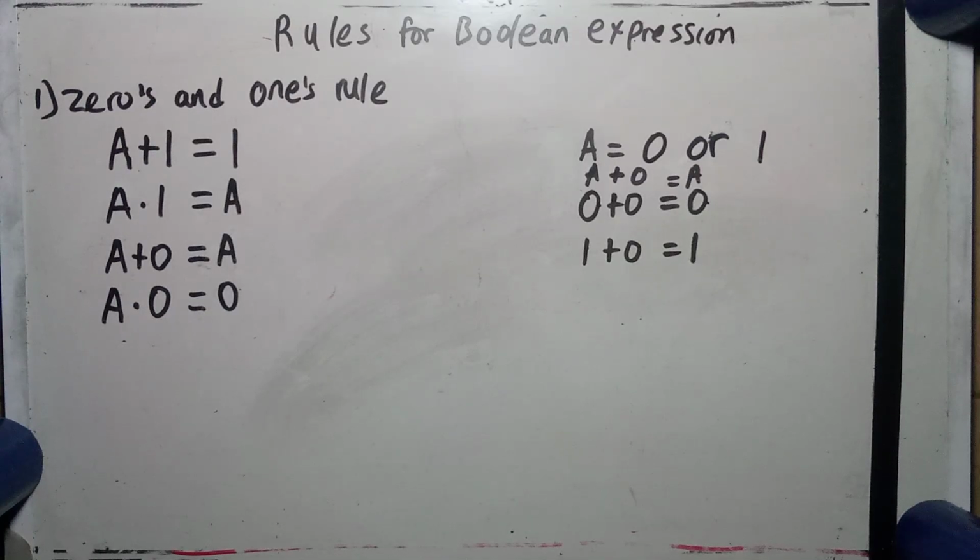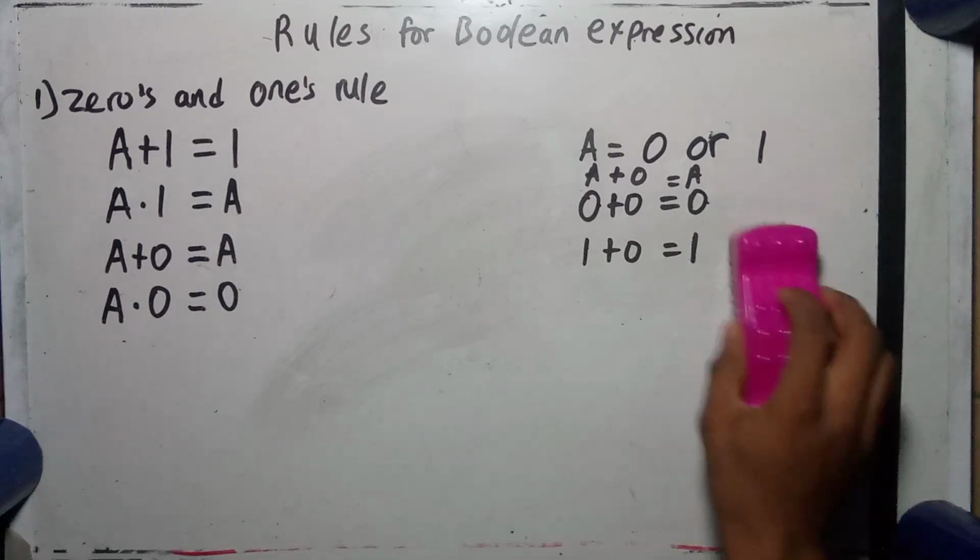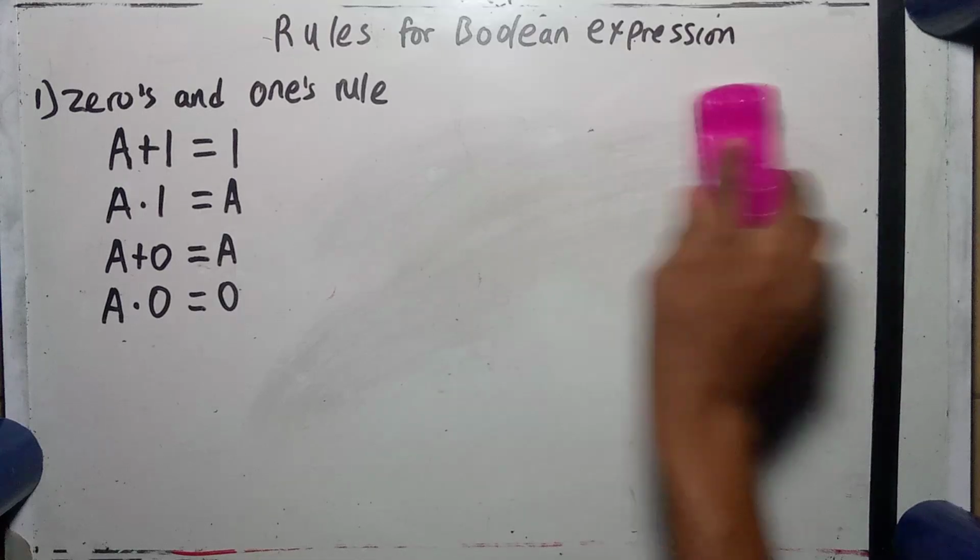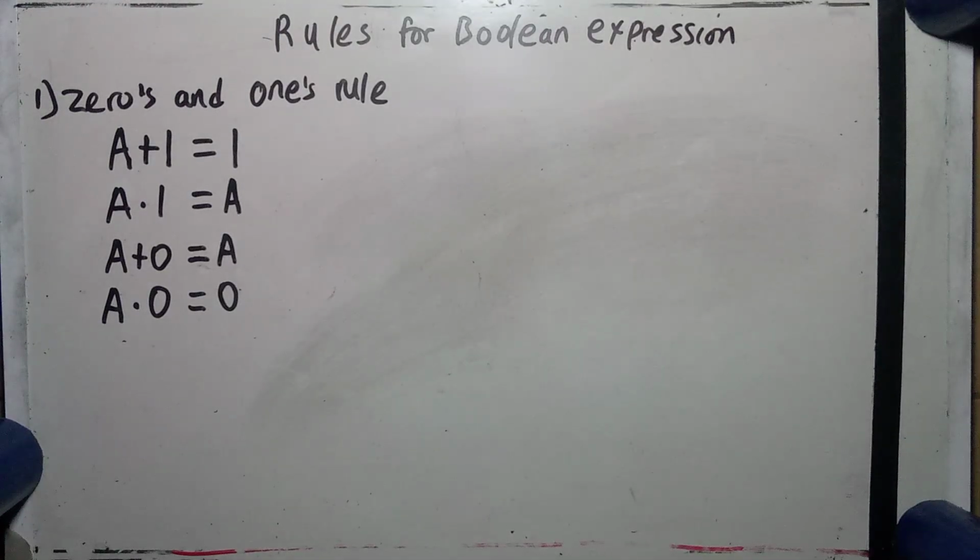Now these ones are the easiest. These ones are the ones that we are to have at our fingertips. They are not even to be forgotten because they can be easily derived. It's not something that you should even cram, like cramming what 1 plus 1 is. Those things can be easily proven.